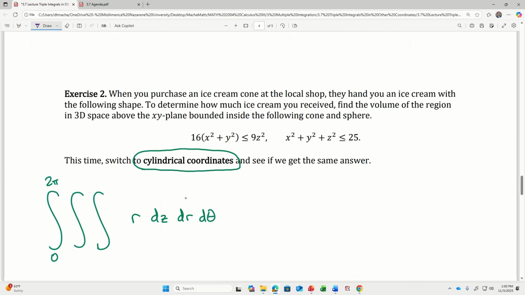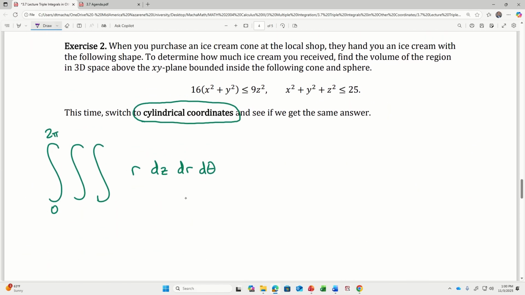And instead, I'm going to try to represent the cone and the purple sphere using the lower bound and the upper bound on my z variable. So that way I get the right shape.